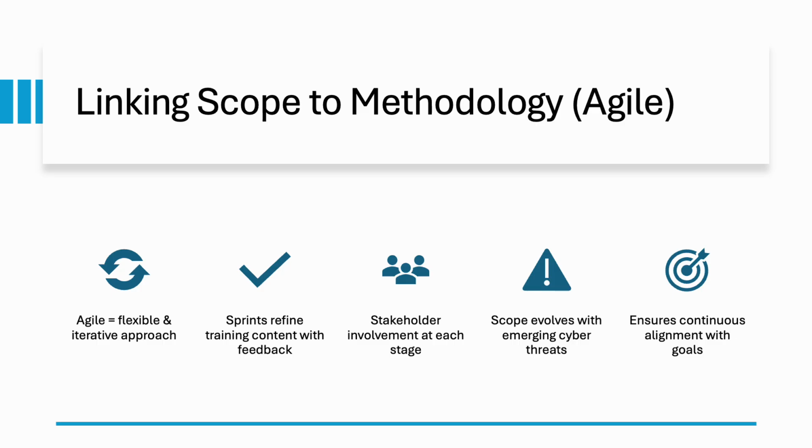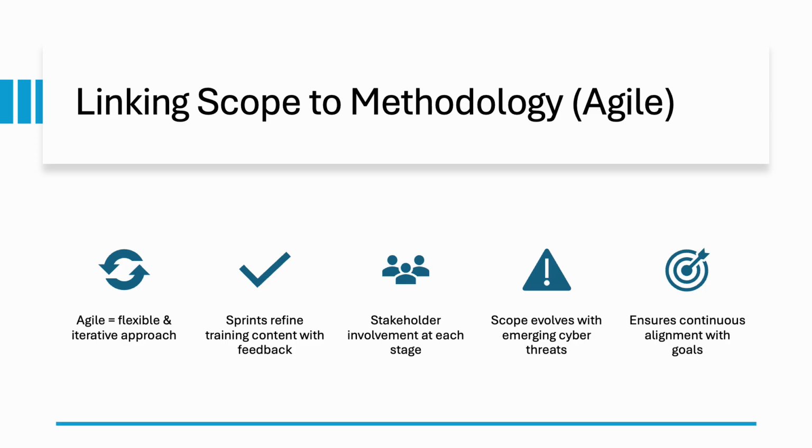For example, develop phishing simulation from the scope is broken down into smaller backlog items such as create spear phishing scenario or test simulation reporting feature. By managing scope in this way, Agile ensures that the most critical deliverables are addressed first, maximizing value for the organization.